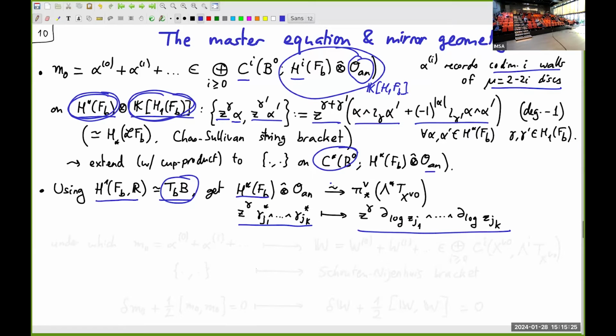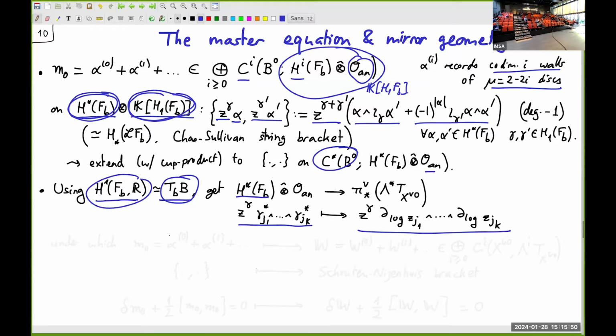I wrote isomorphic. I think that's maybe a bit optimistic, so maybe I should retract the isomorphism. Basically, all I do here is turn the part that's about the cohomology of the fiber into things that are about the tangent space, and I get polyvector fields.